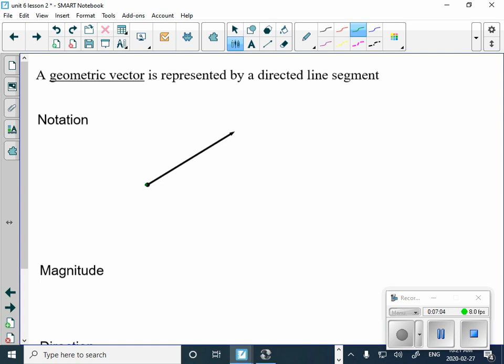This bottom, don't always put a point there, but that is the initial point. That's where the truck started. We call that the tail. The terminal point, where we put the arrowhead, is called the tip.